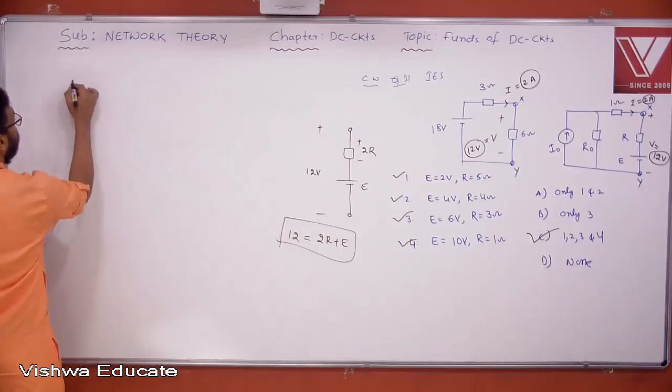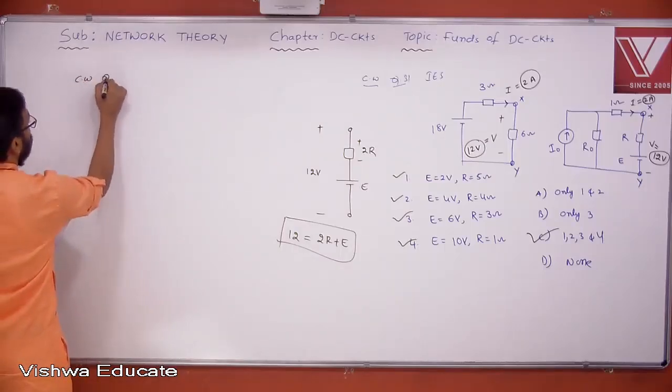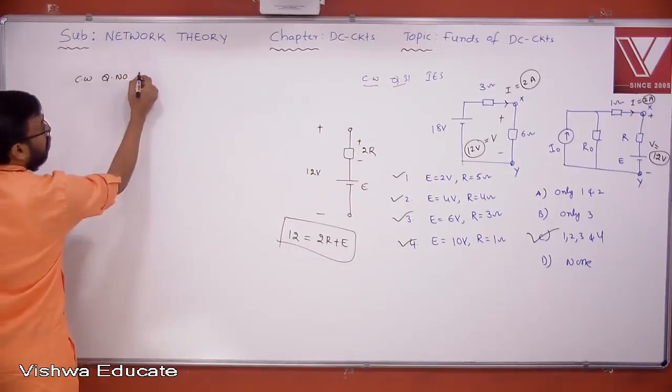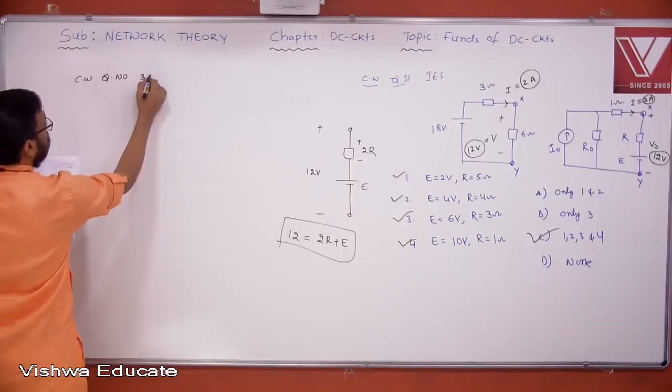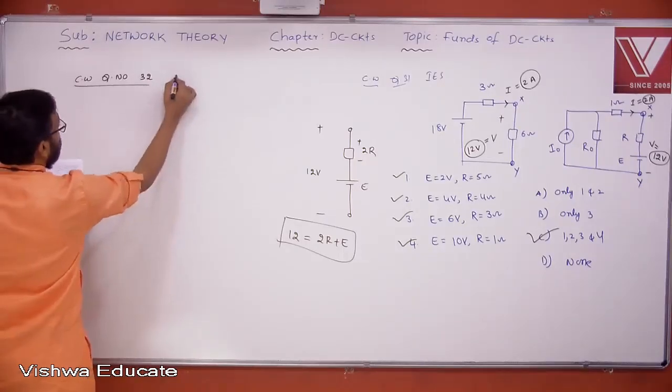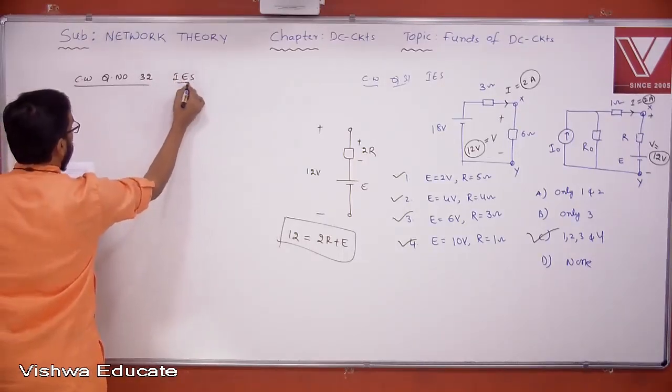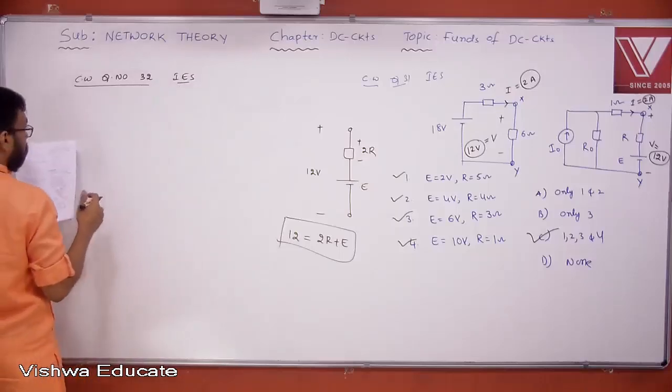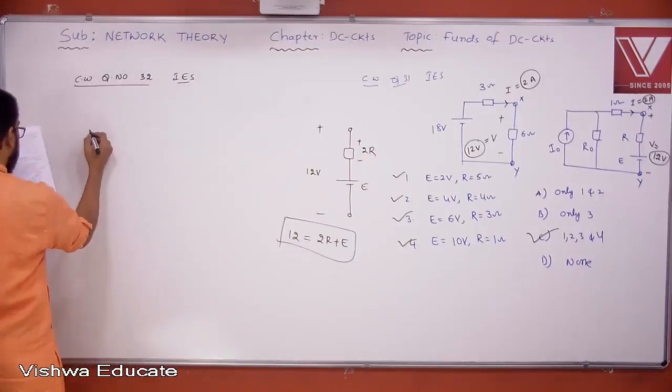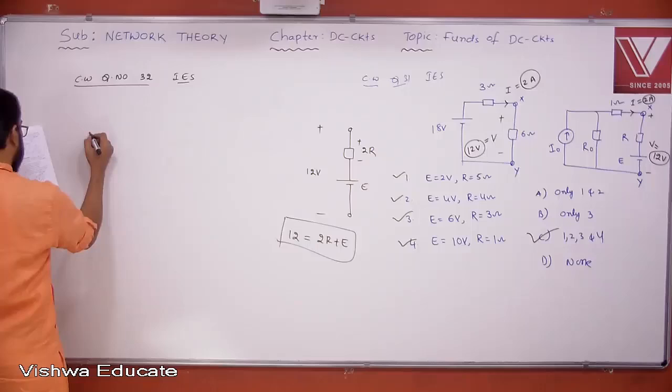Classroom workbook. Question number 32. It was asked in IES again. Read that question. In the following circuit, find the capital I value.